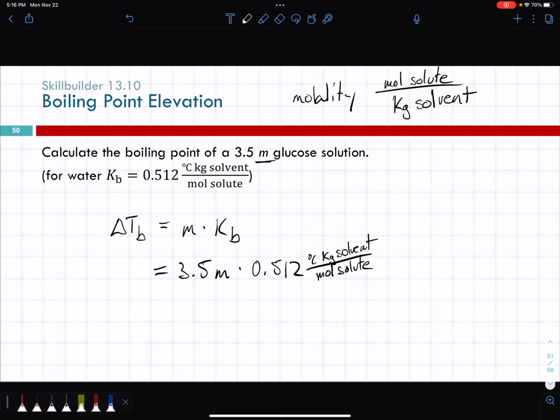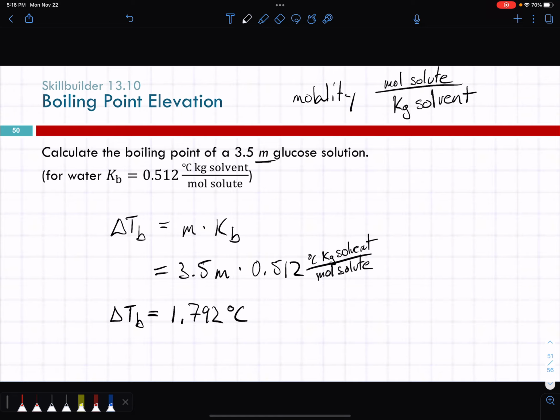So then our delta T for the boiling point, 3.5 times 0.512.